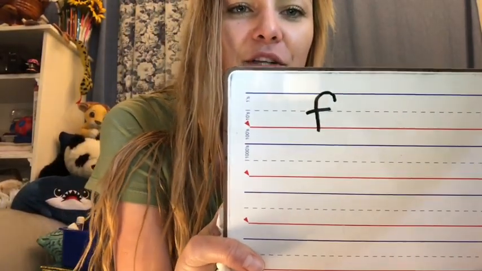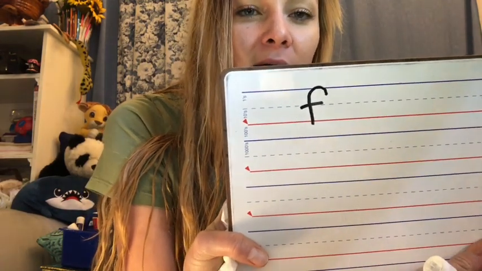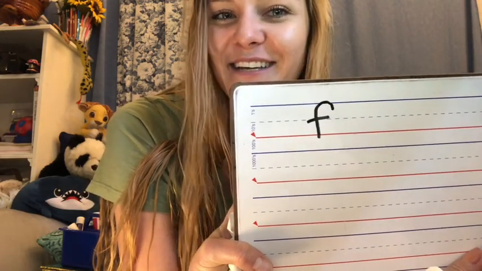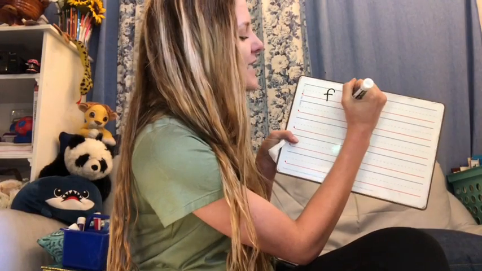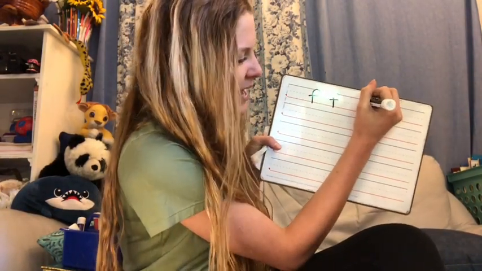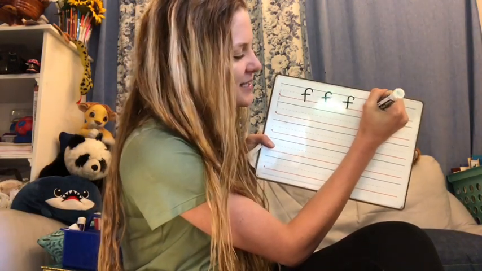So it's kind of like you're using that curve from the letter J, but then you're also putting that line in the middle like the lowercase letter T, okay? So it goes around, down, cross. Around, down, cross, F.